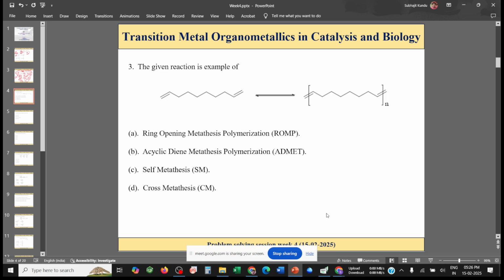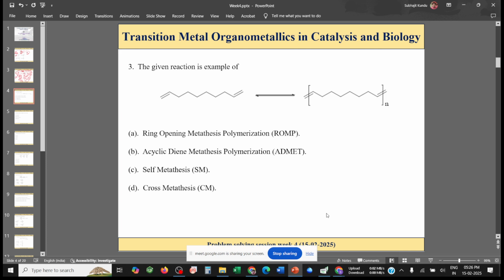Now we have been given one example among these, and we need to find out what kind of metathesis reaction it is. Let's say you don't know the types of metathesis reaction, or you may know but do not remember all the types exactly with examples, you can still work out this question.